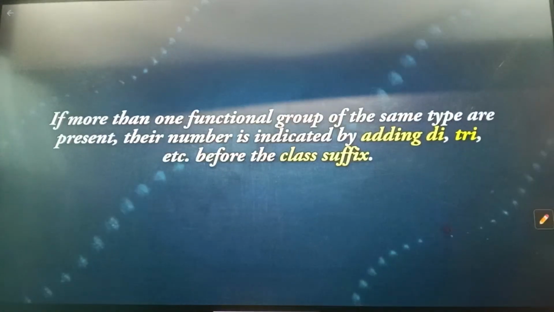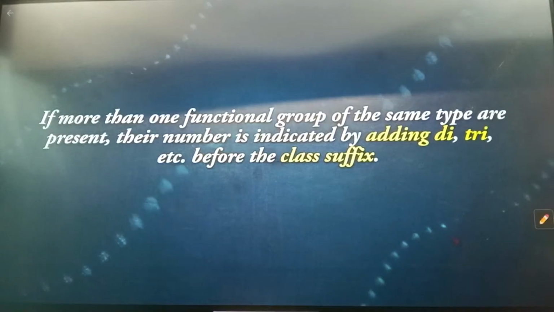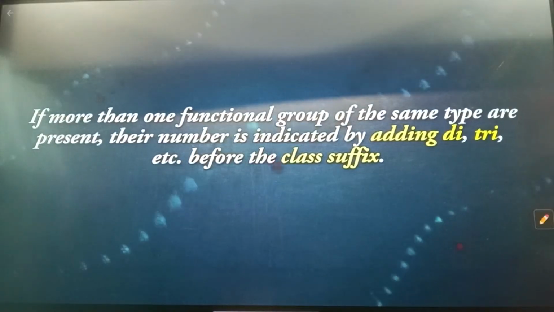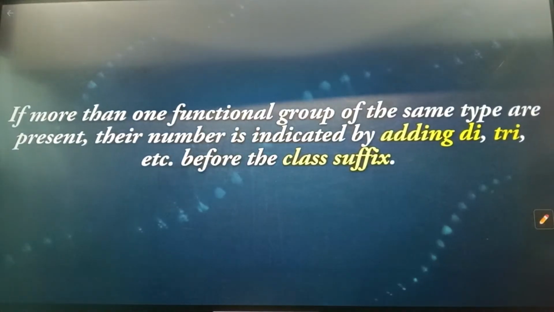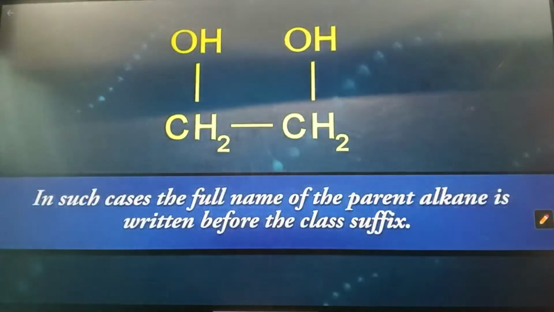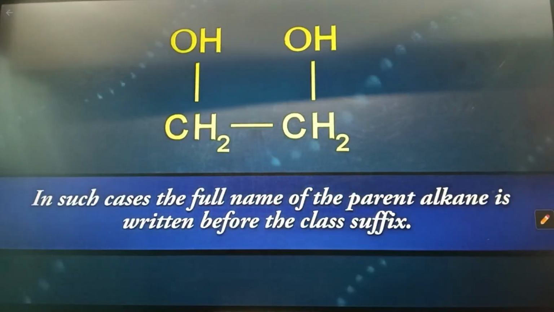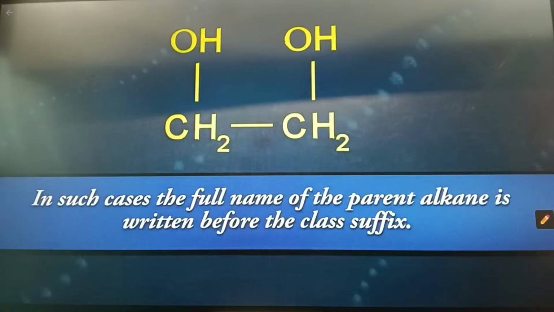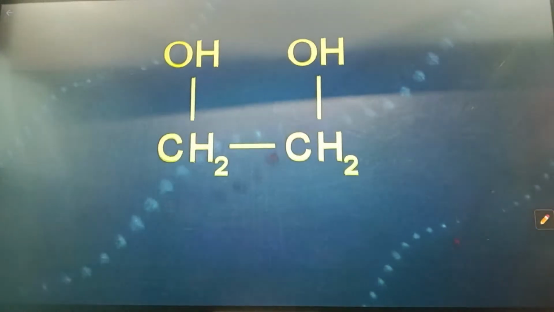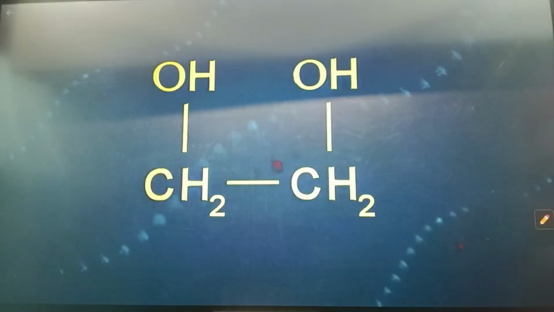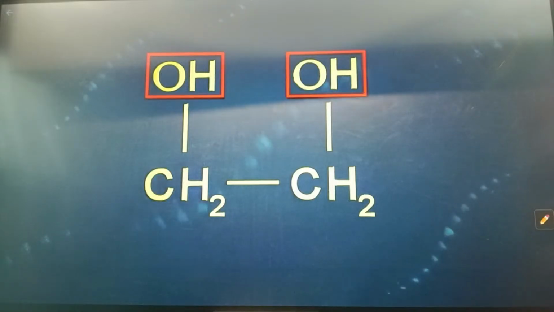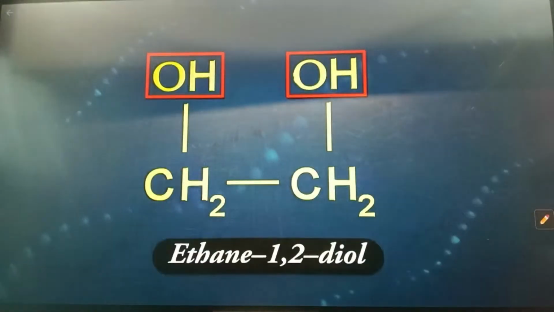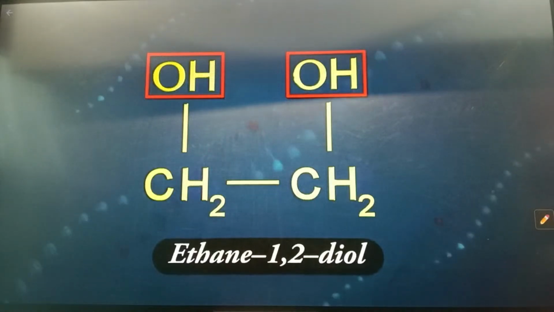If more than one functional groups of the same type are present, their number is indicated by adding di, tri, etc. before the class suffix. In such cases, the full name of the parent alkane is written before the class suffix. For example, CH2OHCH2OH is named as ethane-1,2-diol.